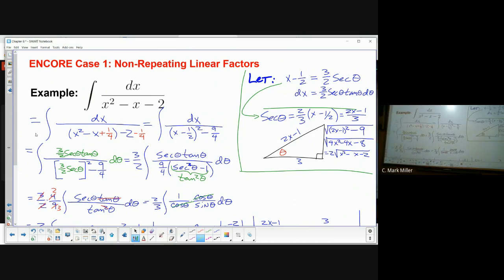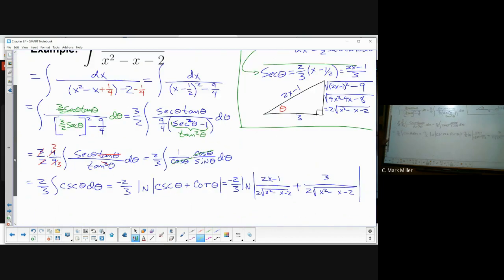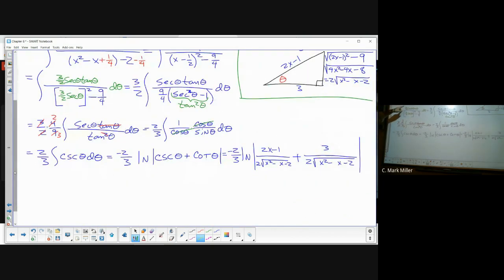So you've got to work this into something like, for example, that works down to this, right? Cancel out some stuff, and that's the integral of cosecant. The integral of cosecant, the antiderivative, is something you either need to know or know how to get.